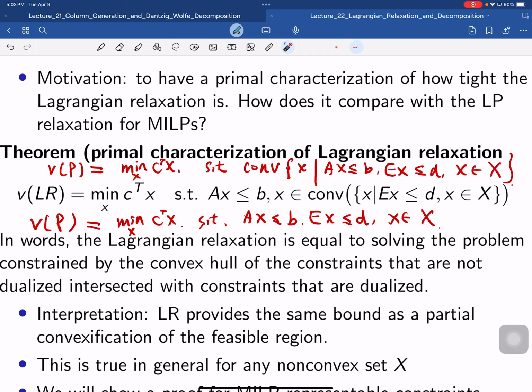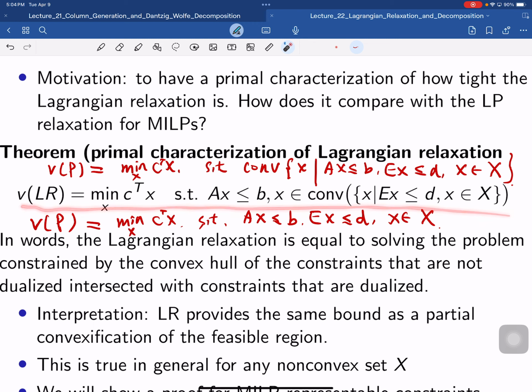But if you have a linear function over this non-convex set, it is equal to the same linear objective over the convex hull of the same non-convex set. Okay. So that's a theorem we talked about before. You can take the convex hull of the set of x such that x satisfies these three constraints. Okay, so now let's compare V_P with V Lagrangian relaxation here.